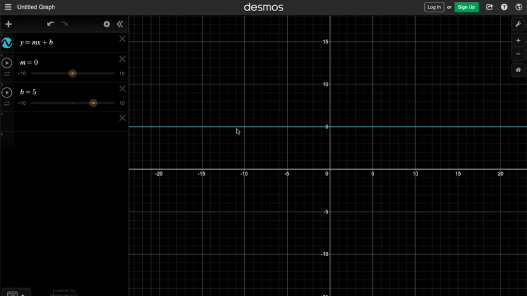This is because when m is 0, then the equation will have no x, since 0 times x will make x disappear. So the equation becomes y equals b. In other words, no matter how you change the x value, the corresponding value for y is always b.